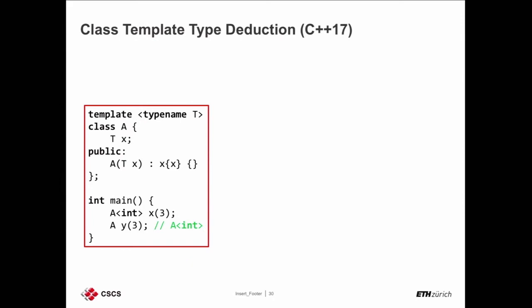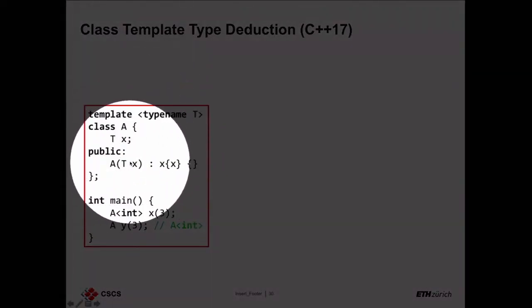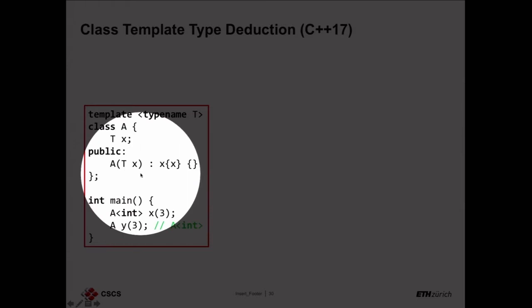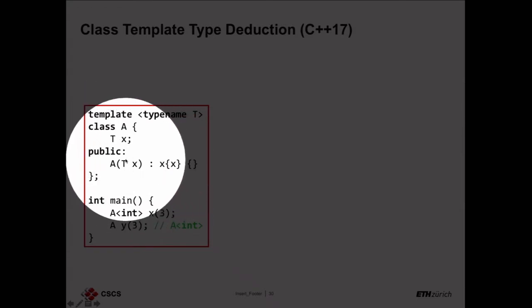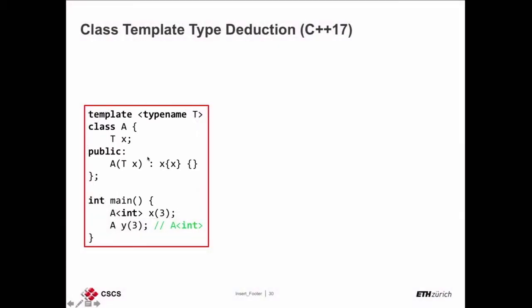Okay, in C++17, here is another thing, which is the template deduction, the class template type deduction, which is an interesting feature. It might look like simply syntactic sugar, but what you can do, you have a template class T, and you have a constructor that takes T and instantiates the value, right? You pass X, and you construct X with the value passed to the constructor. Nothing simpler.